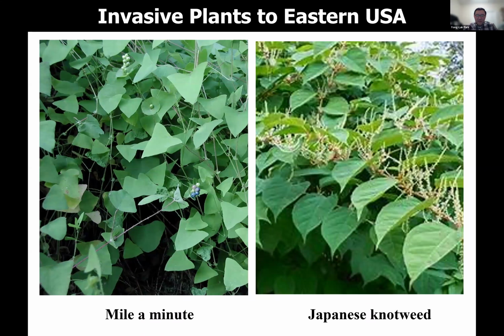We have been working on dozens of them, but I'm going to talk about two today: mile-a-minute and Japanese knotweed. These plants are beneficial or medicinal plants in Asia, but when they come to the United States, as ornamentals or accidentally introduced, they cause problems.